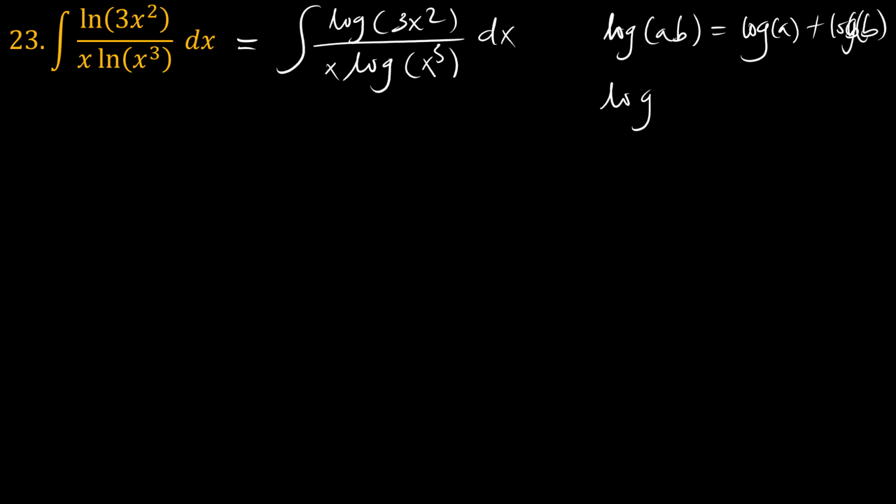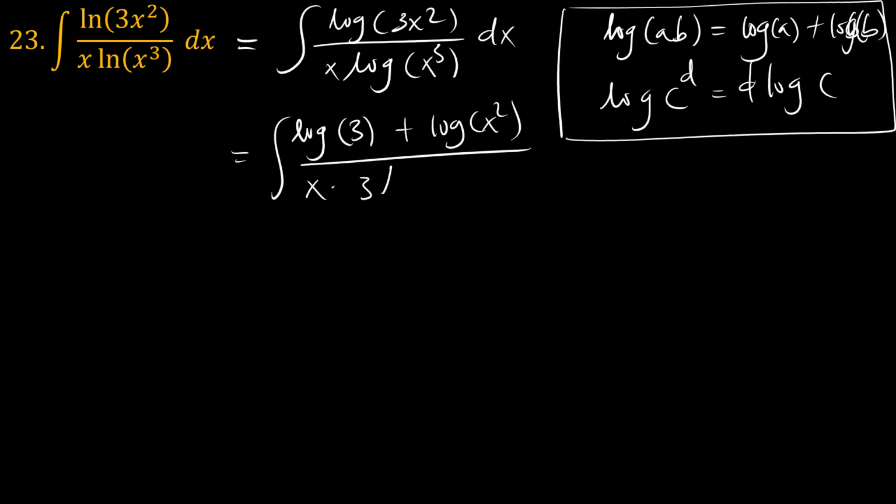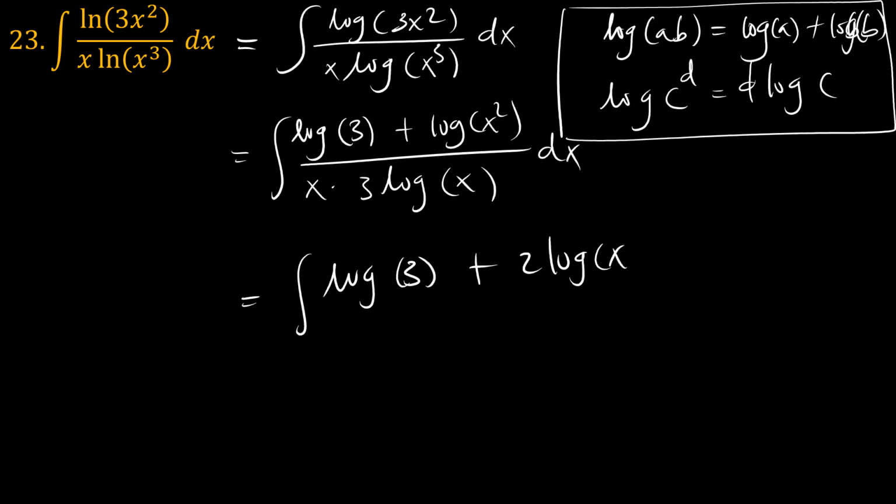and log of C to the D being equal to D log of C, using these two identities or rules, we're going to have log of 3 plus log of x squared over x times 3 log x, which is equal to log of 3 plus 2 log of x over, pulling a third out, x log of x.